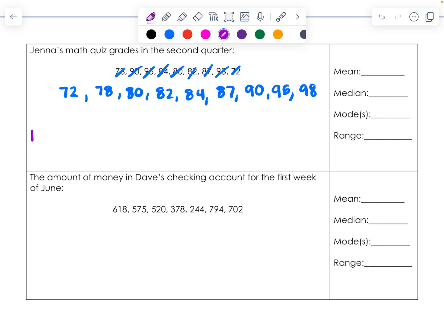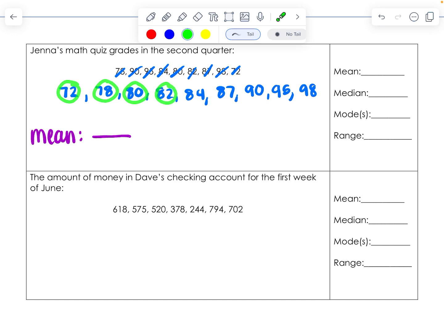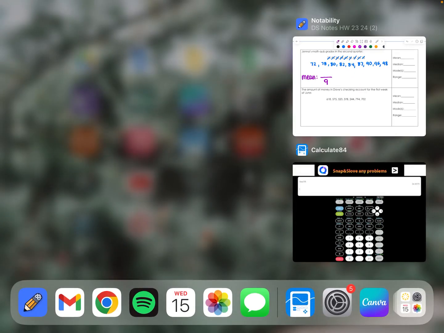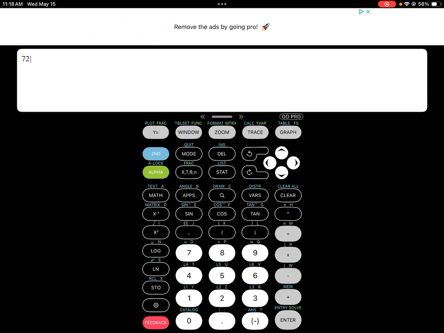Again, to find my mean, I'm going to add those all up and divide by how many numbers are there. I have 1, 2, 3, 4, 5, 6, 7, 8, 9 numbers, so I'm dividing by 9. And then I'm going to use my calculator to find the sum of them. So I have 72 plus 78 plus 80 plus 82 plus 84 plus 87 plus 90 plus 95 plus 98.